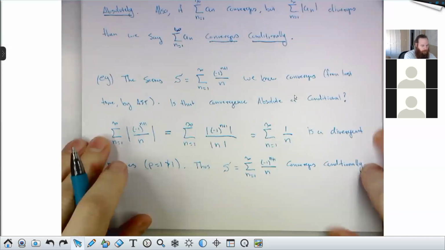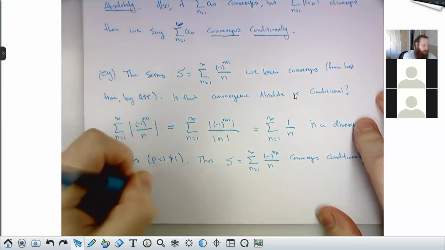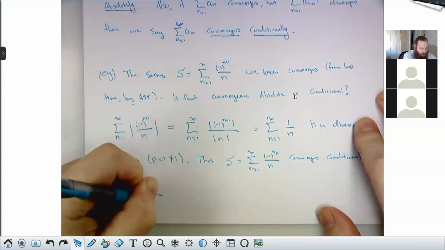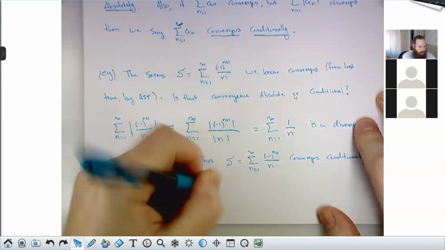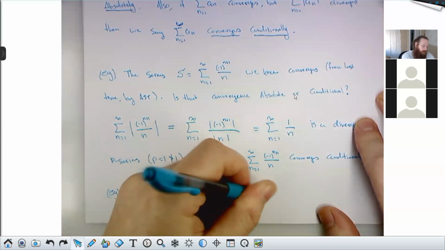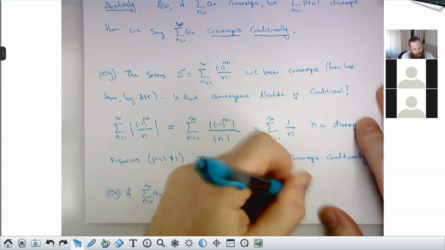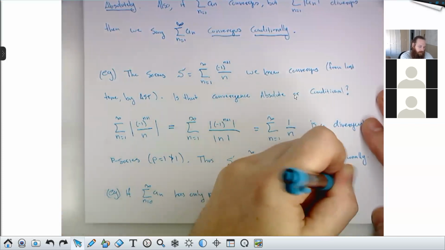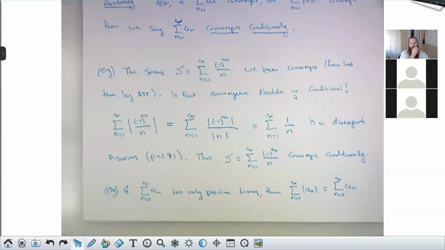Another important family of examples here: if sigma a_n, say summed from 1 or 0 or wherever, has only positive terms, then sigma absolute value of a_n is the same as sigma a_n, because you take the absolute value of something positive and you get the same thing.